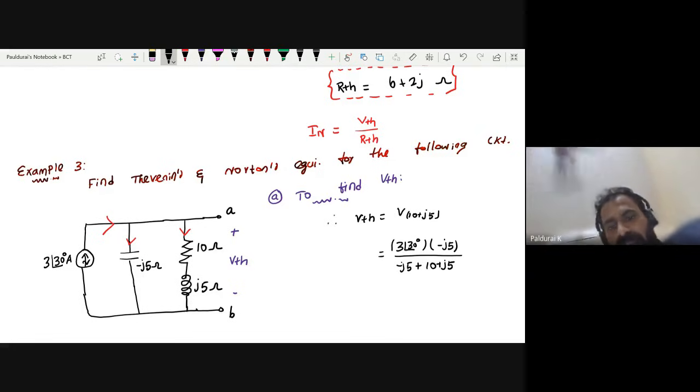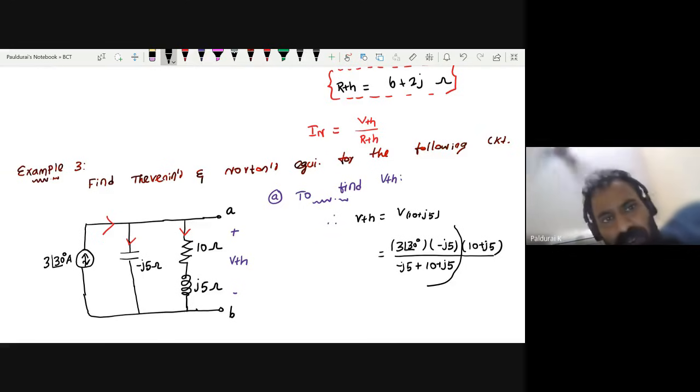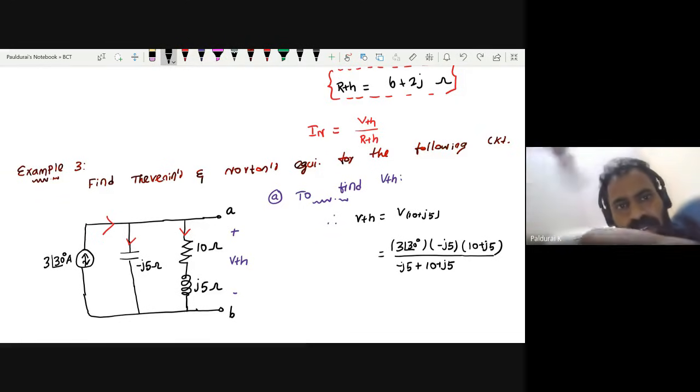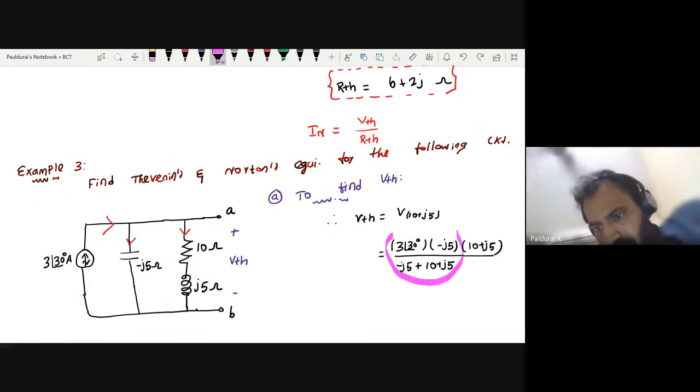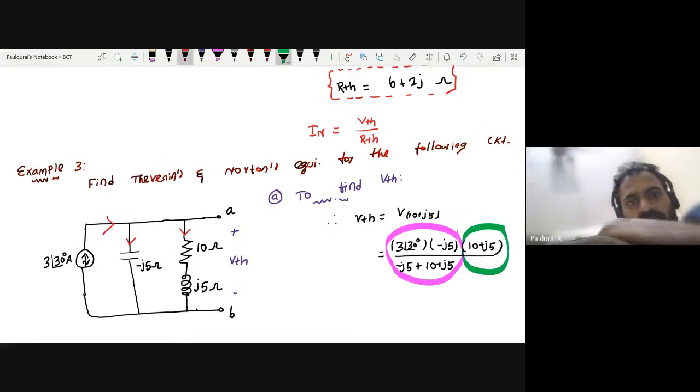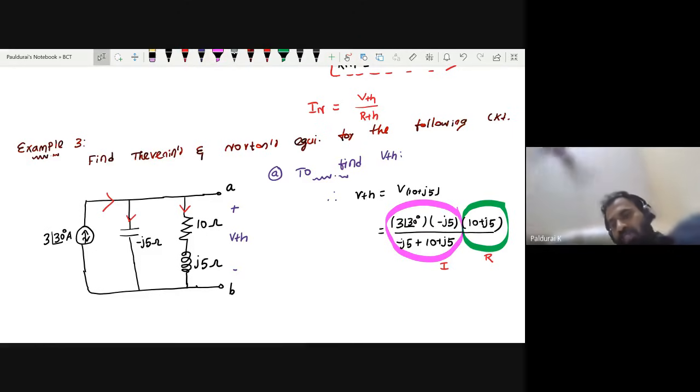This is my I, and R is 10 plus J5. I by using current division rule, R by using the straight formula. So V equal to I times R. So now what is this VTH? They're very simple, right? Let me know the value for VTH.